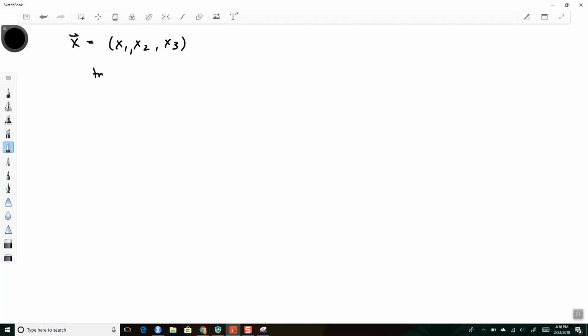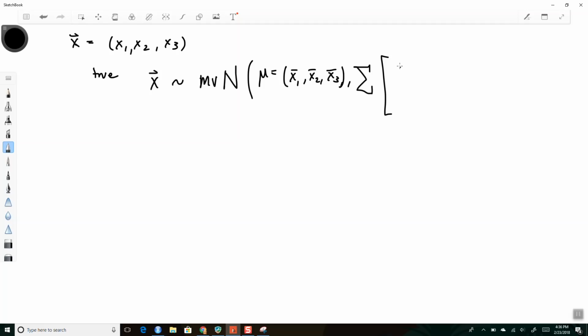The true model would be that our x vector comes from a multivariate normal with mean vector x1 bar, x2 bar, and x3 bar, and then you have to have some covariance matrix which is 3 by 3.